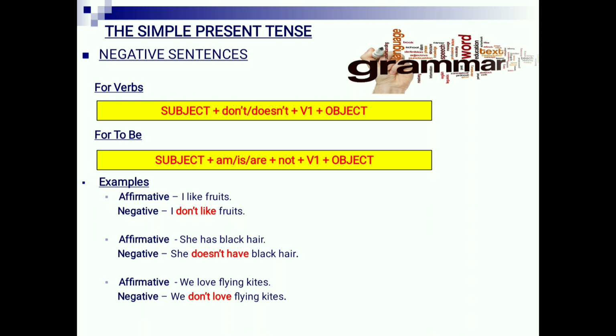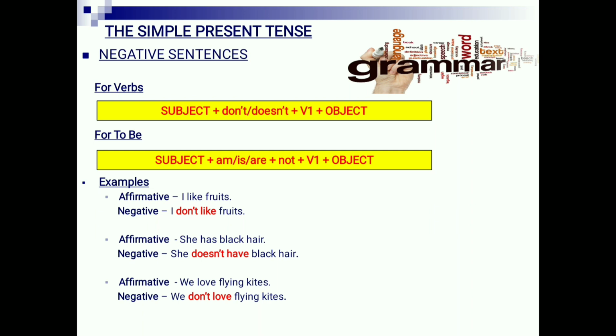Getting? Then the same form: subject plus does not or do not plus V1 plus object. Now, if the verb is in be form, we have to use the present form of be, that is am, is, are, according to the subject, plus not plus V1 plus object. See, after giving examples, you will get clear.